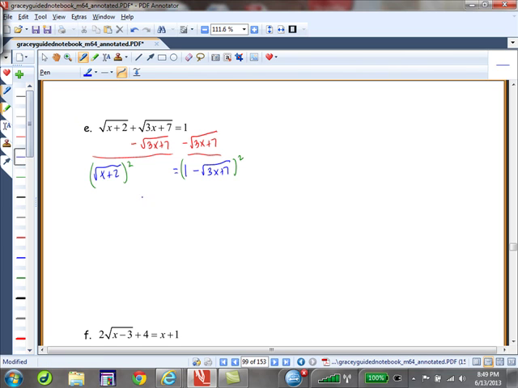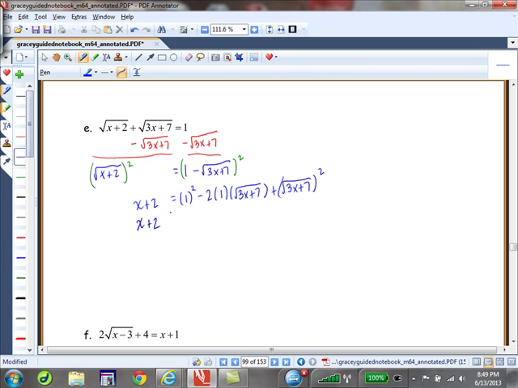So we're going to end up with x plus 2, squaring that side. Now here we have a binomial difference being squared. So this is going to be 1 squared minus 2 times the product of the ends. So I'm using that formula that I told you to learn. And then the square of that right end.